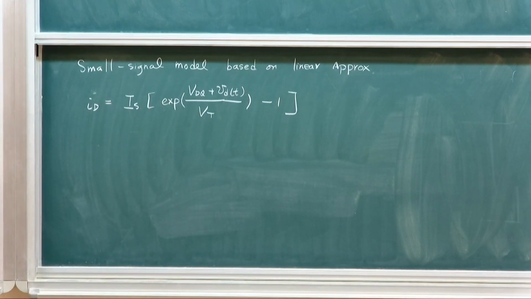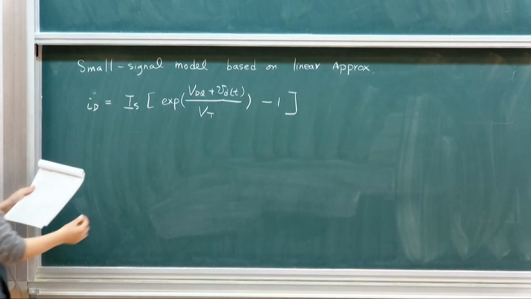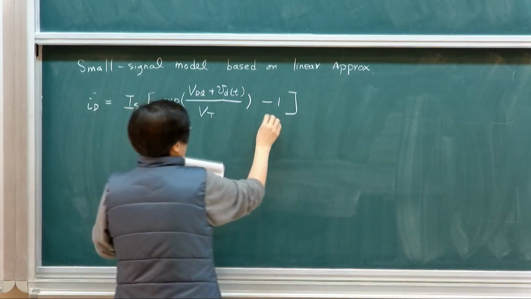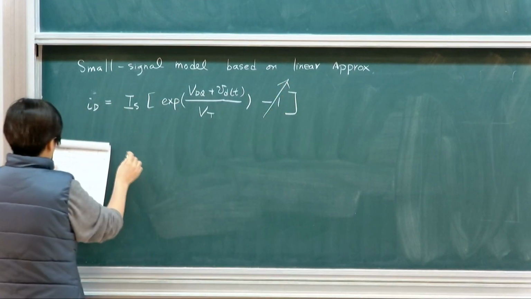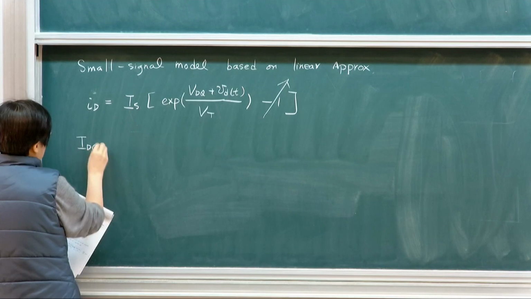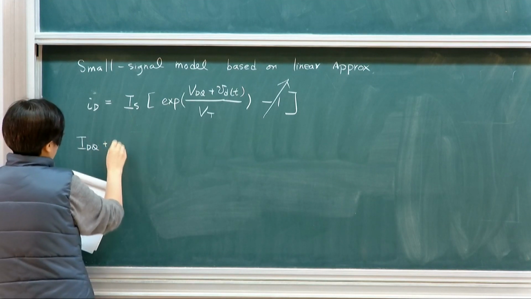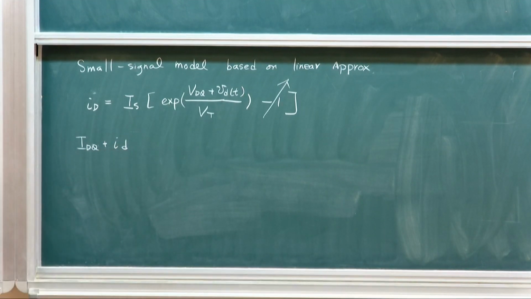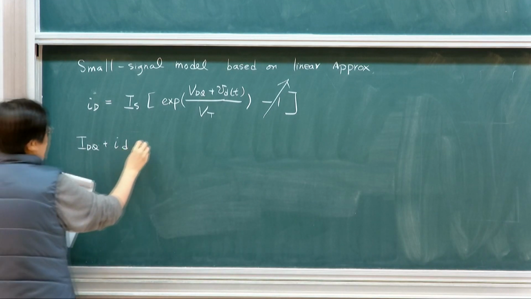That will be my overall diode current under the DC plus the small signal changes. So what can be done is that you could ignore this, and this component is IDQ plus ID. Remember, this is by definition because there's the DC component and AC component.